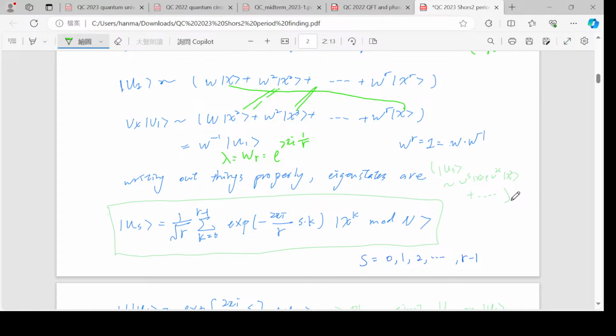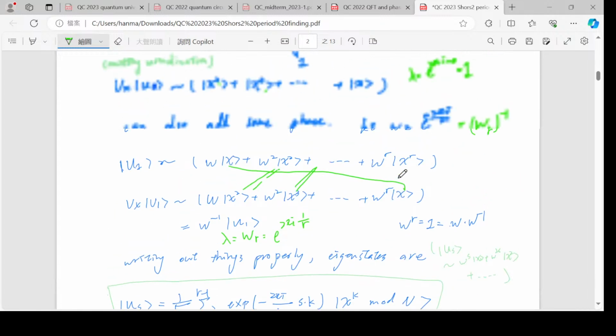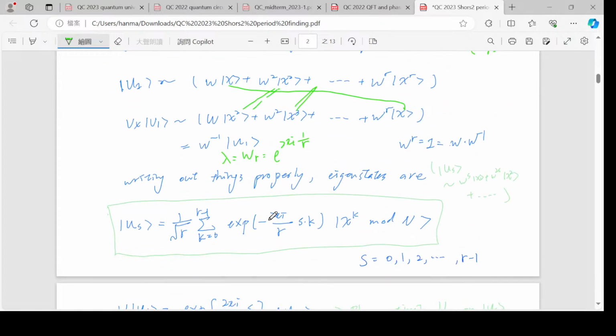If you write everything completely in an equation, we define u_s as this state, and we even have normalization. So we have 1 over square root r, because there are going to be r different bases here, and we sum over k from 0 to r minus 1, x to the k here, and then we have omega sub r to the s times k.